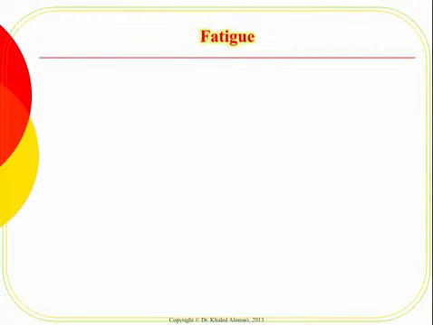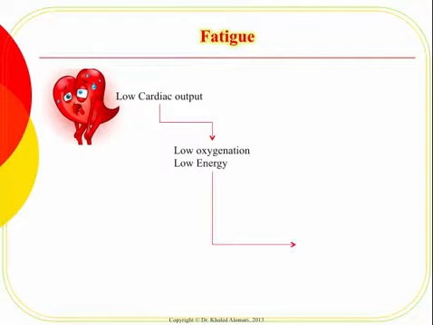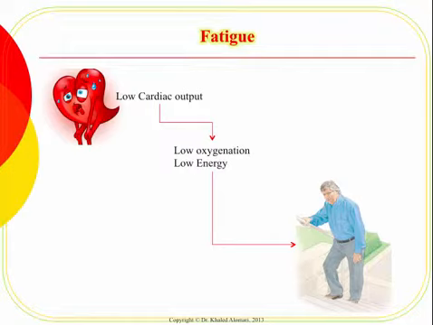Again, just a reminder. When the heart is failing and there's low cardiac output, cardiac output means blood perfusion, oxygenated blood perfusion. So if there's low oxygen, there's low energy, the cells will not be able to receive enough nutrients and oxygen. As a result of that, the patient will have fatigue.